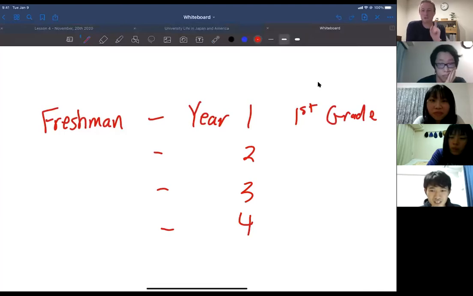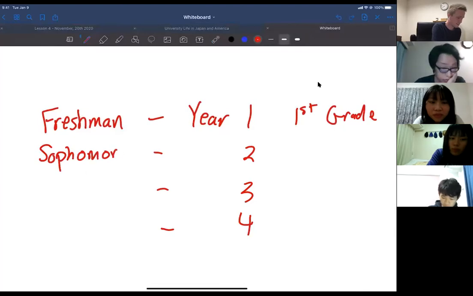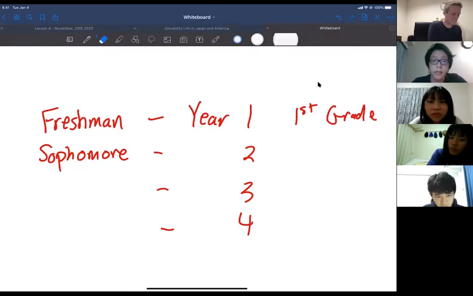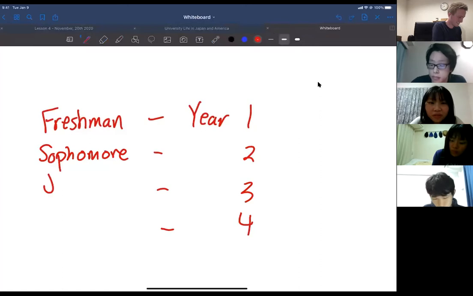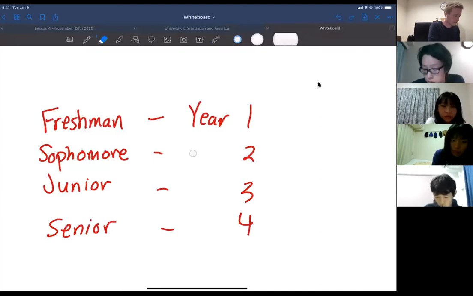Shotaro, give me one more, 2, 3, or 4, just one. Sophomore. Sophomore, yeah, perfect. All right, does somebody else know 3 or 4? A different person? No? All right, Shotaro, give me 3 and 4. Junior. Yeah. And? Senior. Perfect. So in university, these are the names of each year.